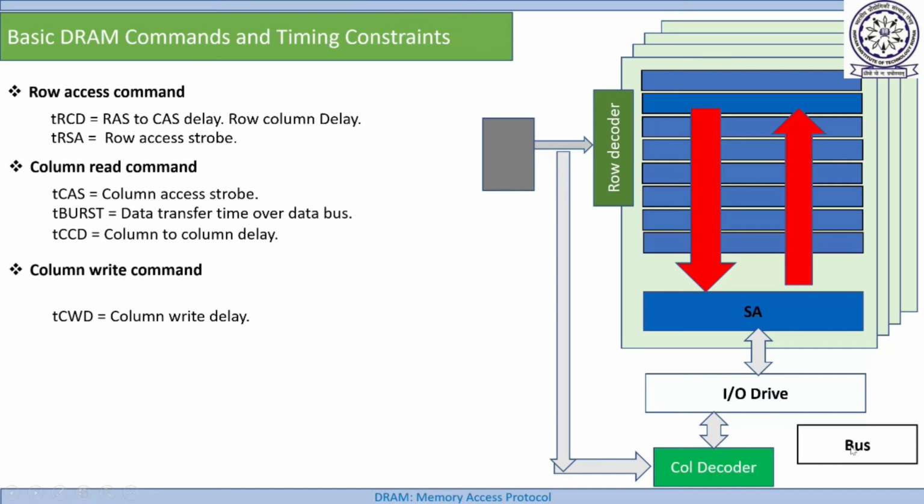And then this bus will send data to this driver, and through this driver the data will come to the sense amplifier. That means we will change the sense amplifier to a stable state, and that stable state will automatically be restored in the corresponding cell here, if the row is on, that is, the transistors of these cells are on.